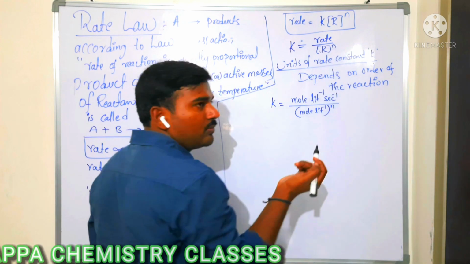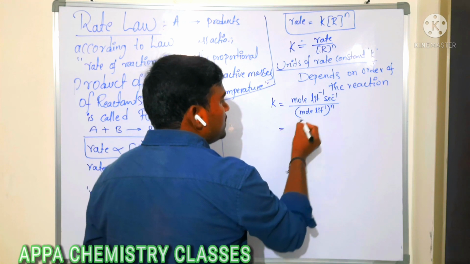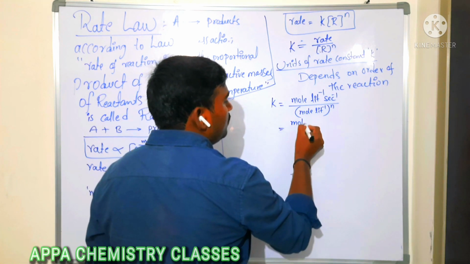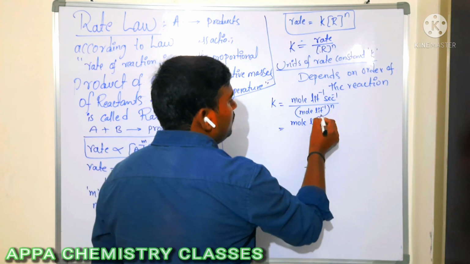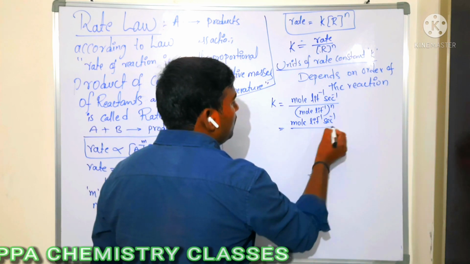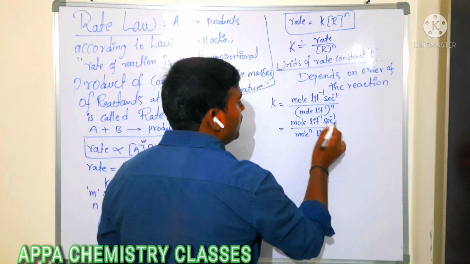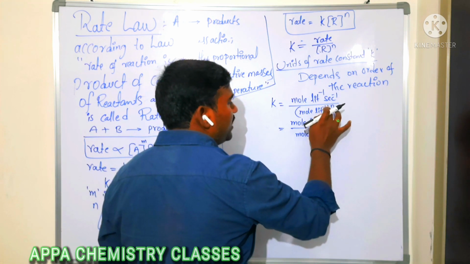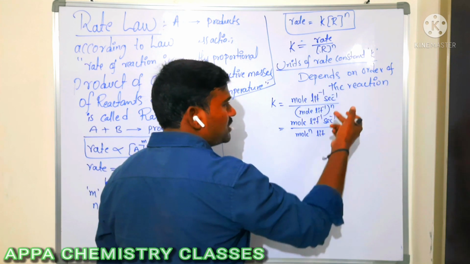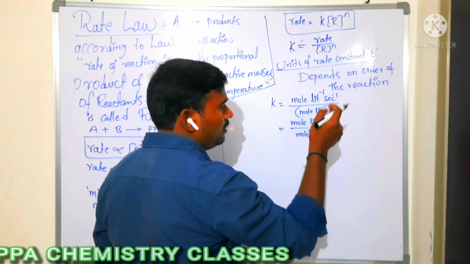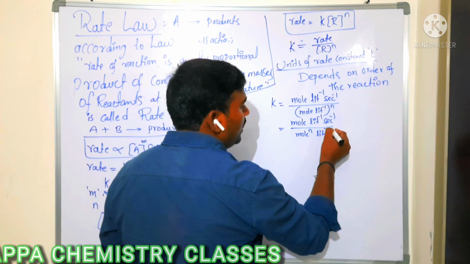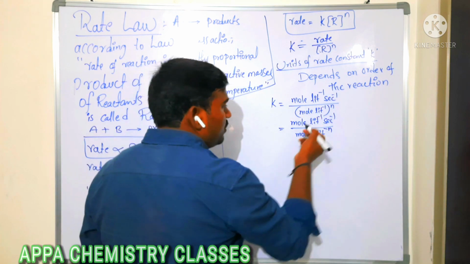Now this can be written as mole per liter per second divided by mole power n, liter power minus n, minus 1 whole power n, then the power of liter is minus 1 into n, that is minus n. Okay? So it becomes minus n.